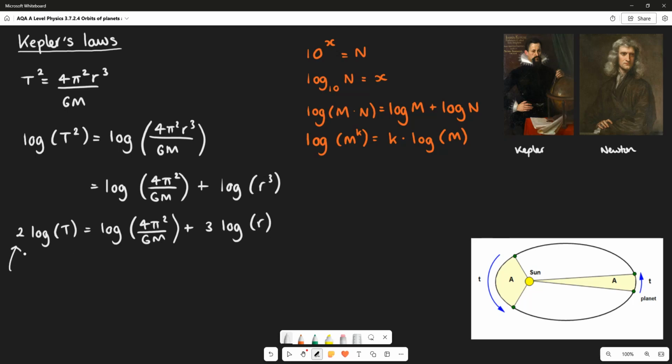And finally, we're going to distribute the 2 by dividing both sides by 2. That means that each of these terms will be divided by 2. We now have an equation in the form of y equals mx plus c.